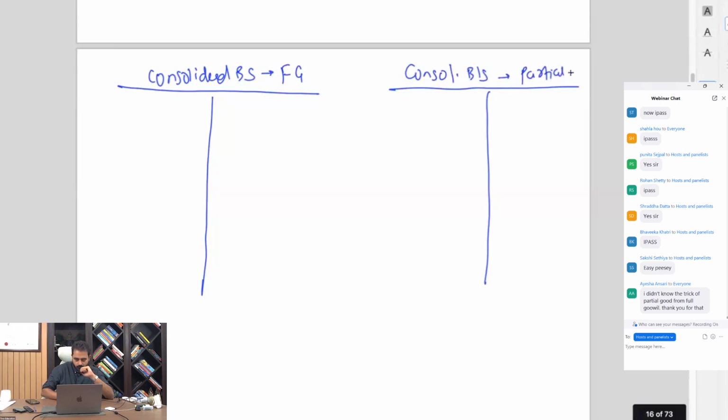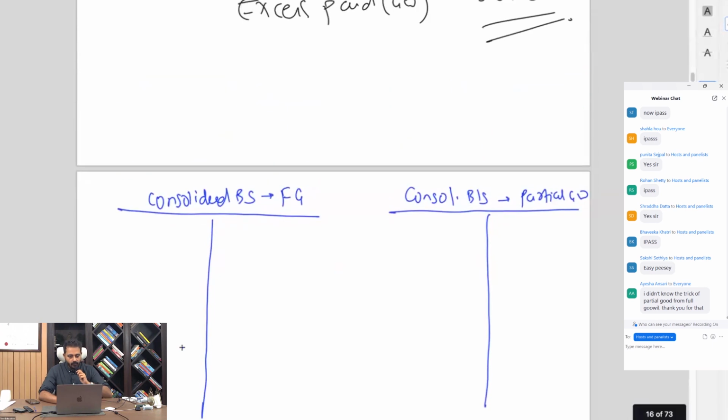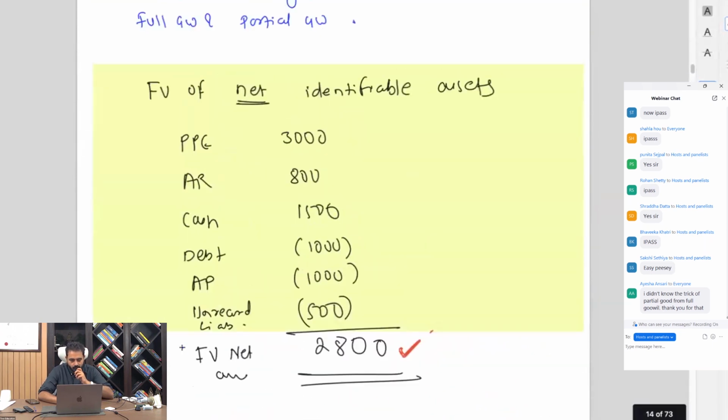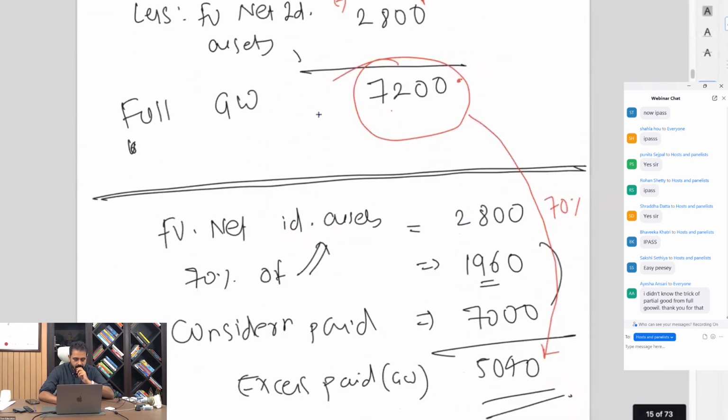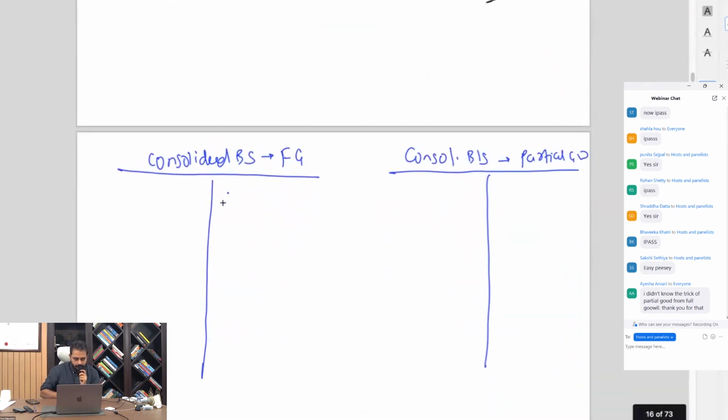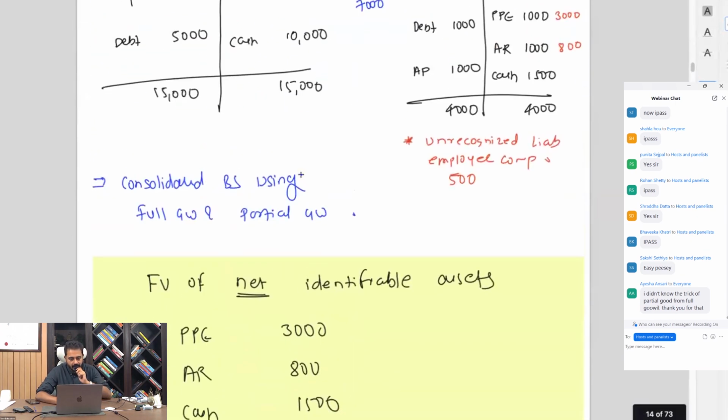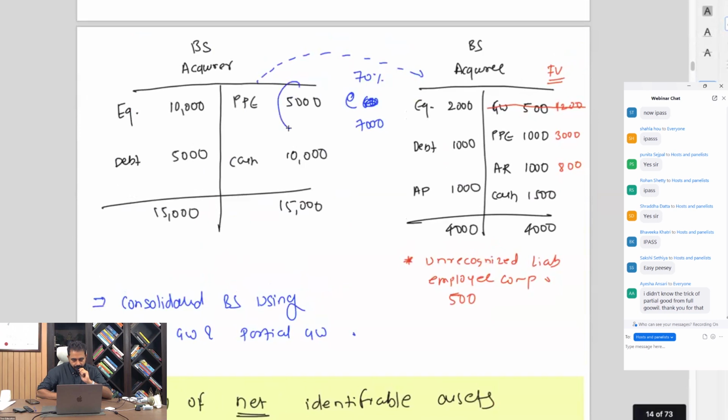All right. Now, let's write down all the consolidated assets. Step number 1, PPE. So I have PPE of 5,000. Correct? My own PPE was 5,000. Plus, I acquired PPE at fair value of 3,000. So total PPE becomes 8,000.